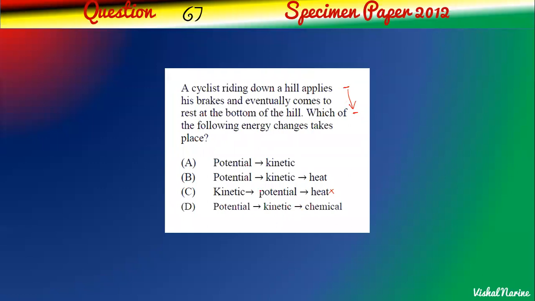So we all know that, oh yes, it is kinetic energy because he starts to come down the hill, so he's going to go a bit faster. But when he applies brakes, we expect that there is going to be friction, which means that heat energy will be produced there. All right, so the answer there is going to be B, potential to kinetic, to heat energy.